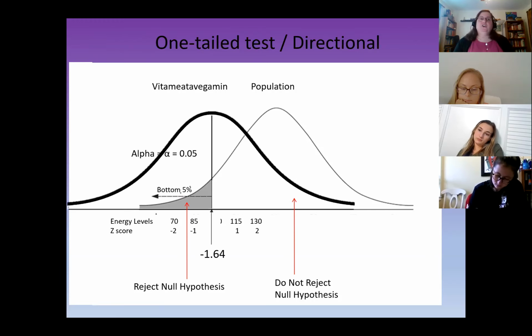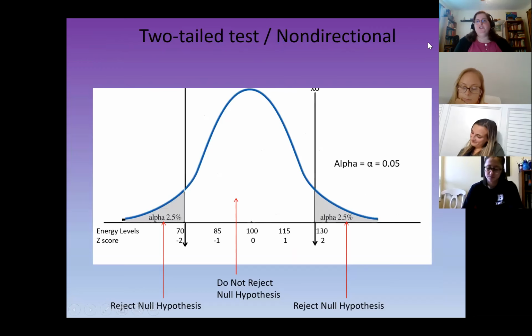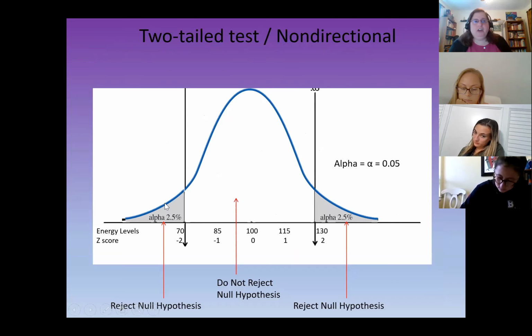Now, let's say you don't like this scheme. That's okay. I have a solution for you, and it's called a two-tailed test or a non-directional test. Now, this is great. Now I gave you gray on both sides, right? So if you fall up here in this range, you get to reject.